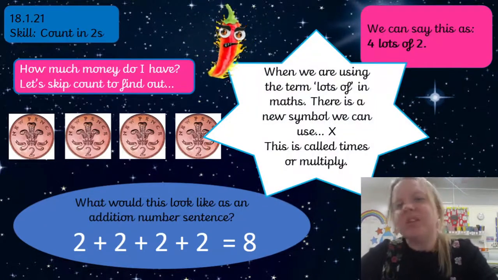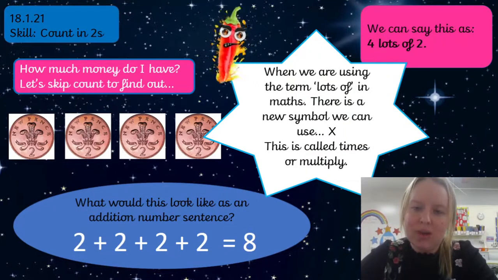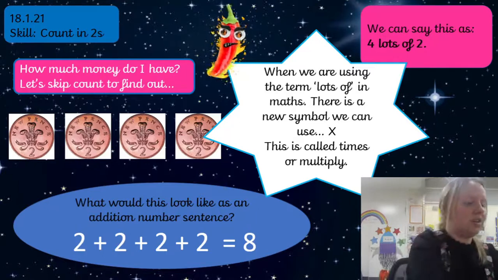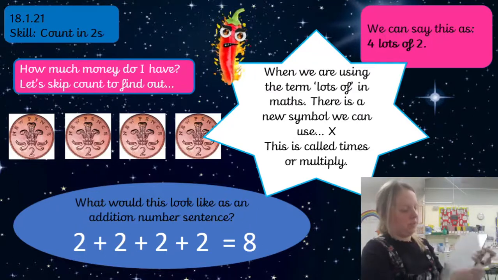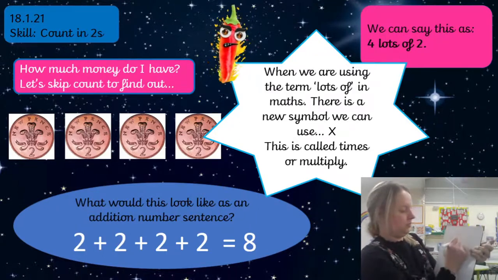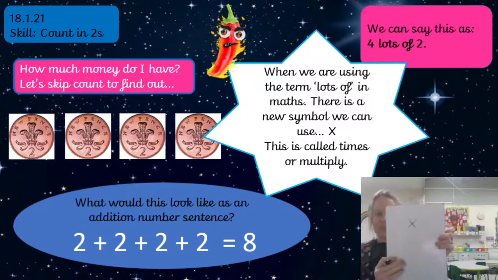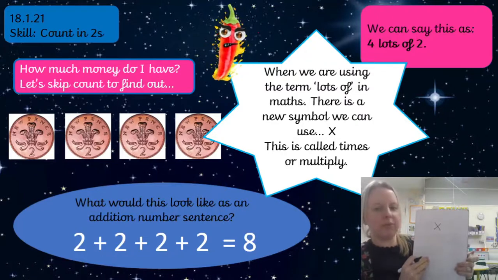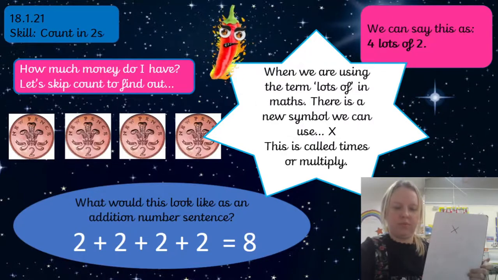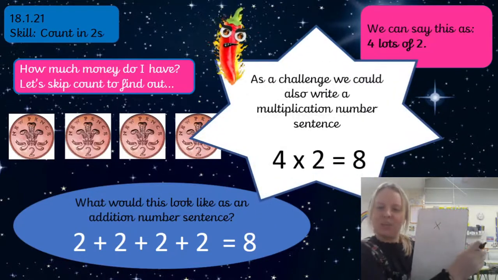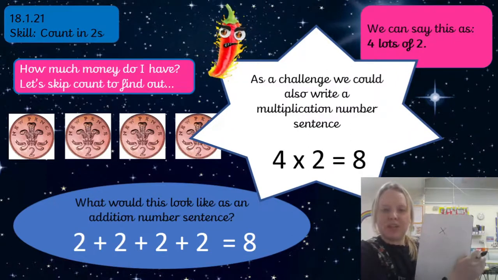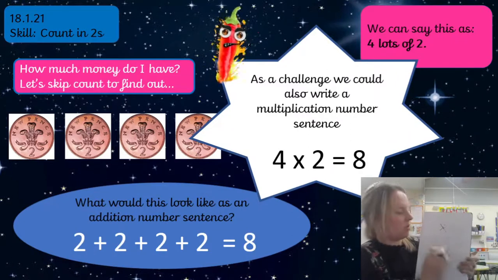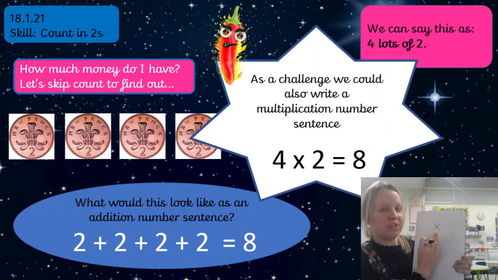So when we are using the term lots of in maths, there is a new symbol that we can use. And it looks like a cross, like this. Okay, this is called times or multiply. So as a challenge, we could also write a multiplication number sentence using our new symbol, which means times or multiply.